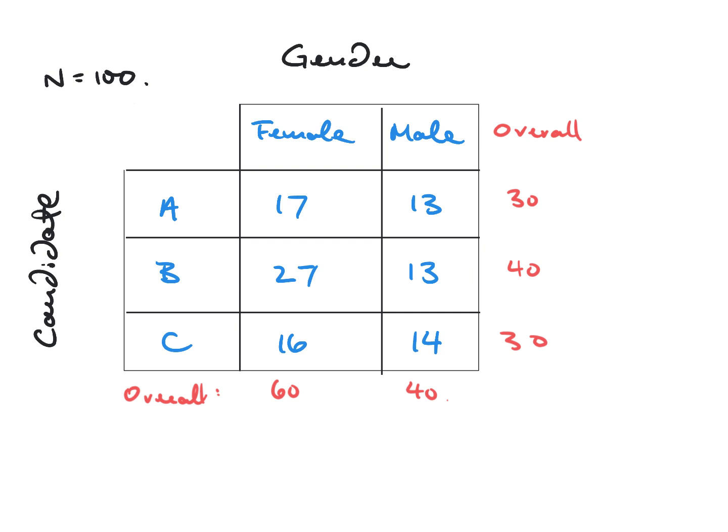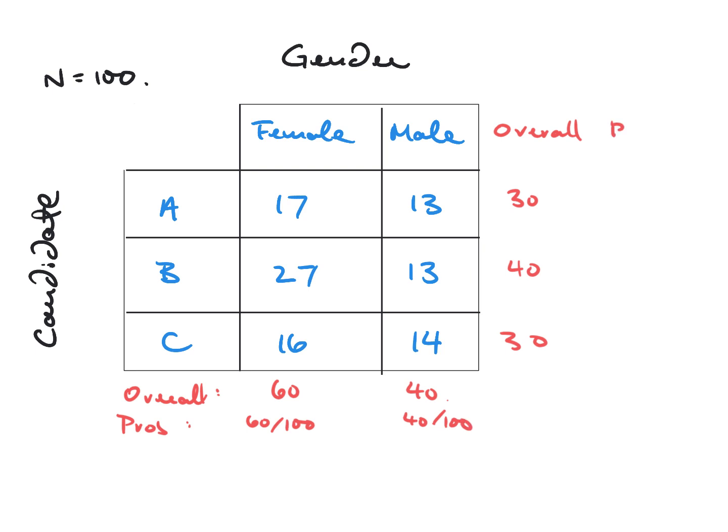So, if we want to think of this in terms of probabilities, the probability that a randomly selected person is female is 60 out of 100. Probability that they are male, 40 out of 100.